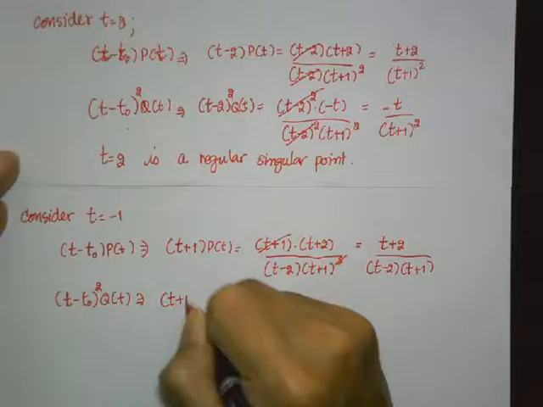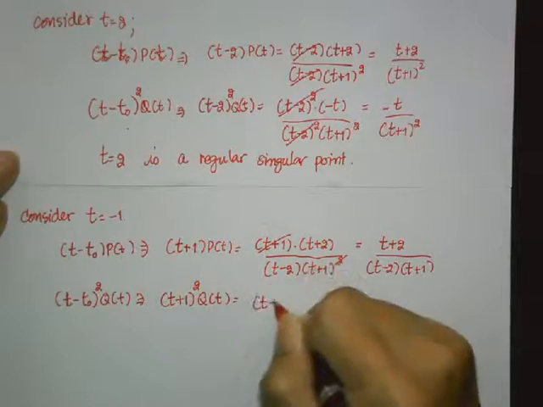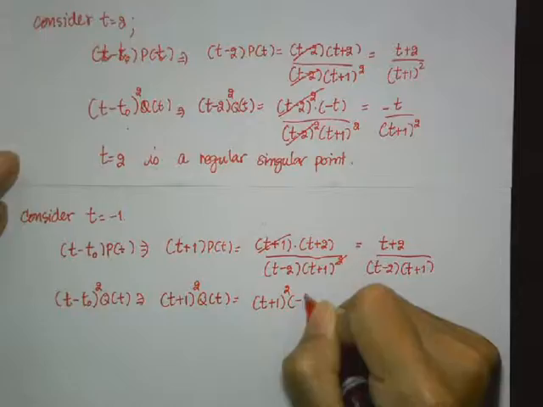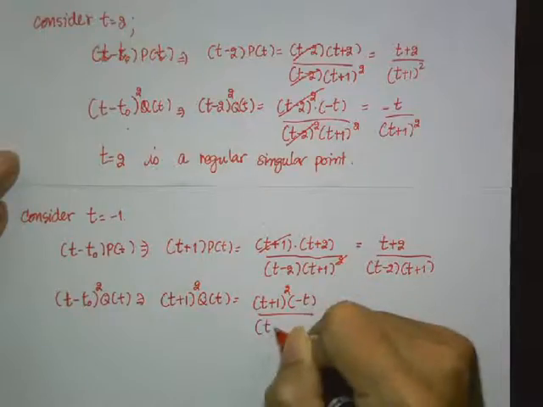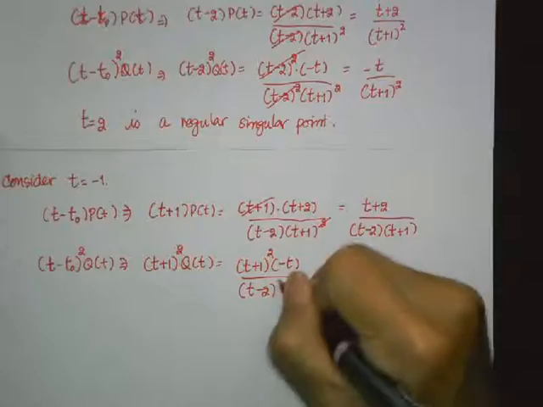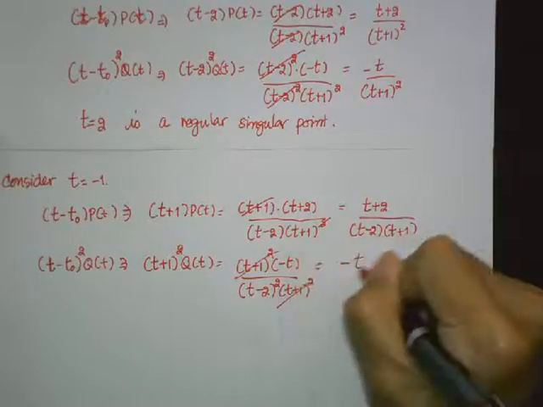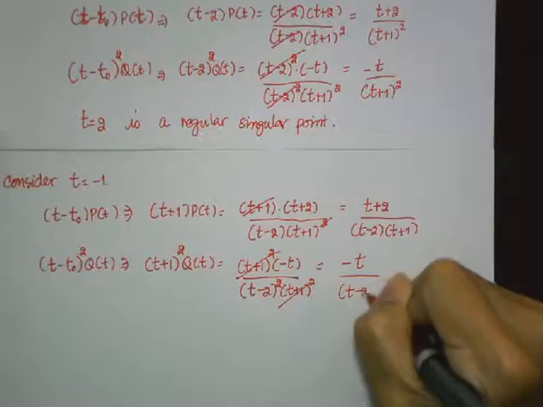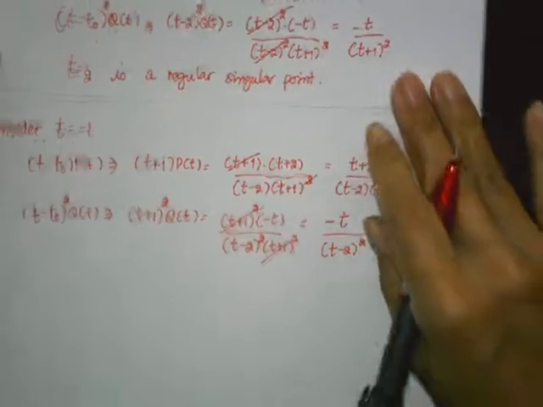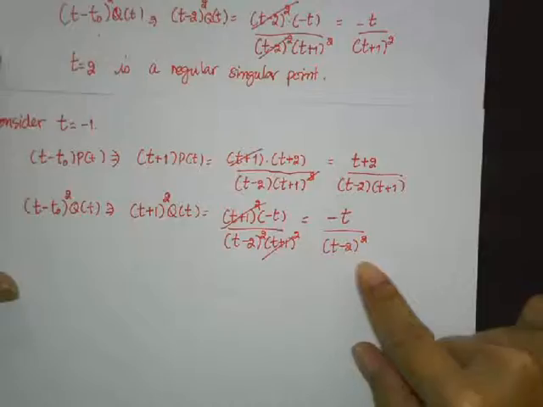t plus 1 squared, t plus 1 squared minus t, divided by t minus 2 squared. Now, if you plug t equal to minus 1 in there, can you find the value of this function? Yes, you can.